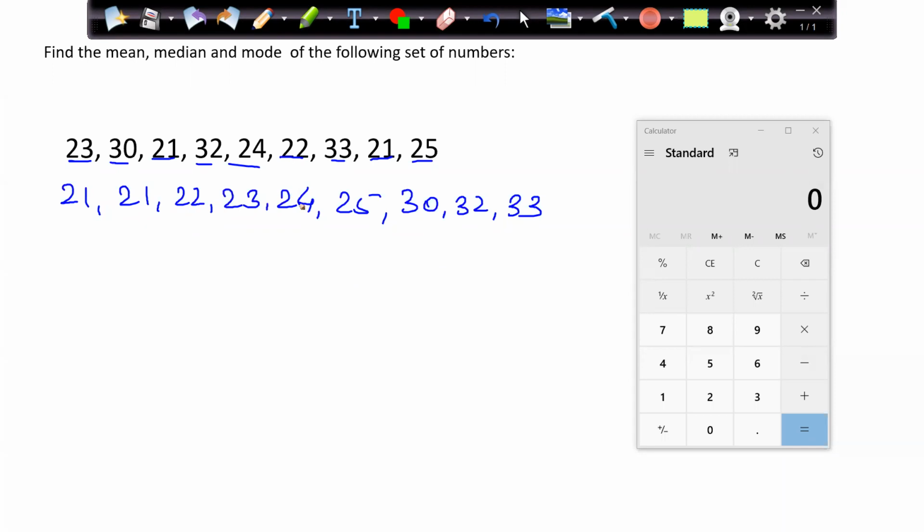And now I want to find the mean, median, and mode. Mean I have to calculate, but median and mode I can quickly find. So 1, 2, 3, 4, 5: this is my median.